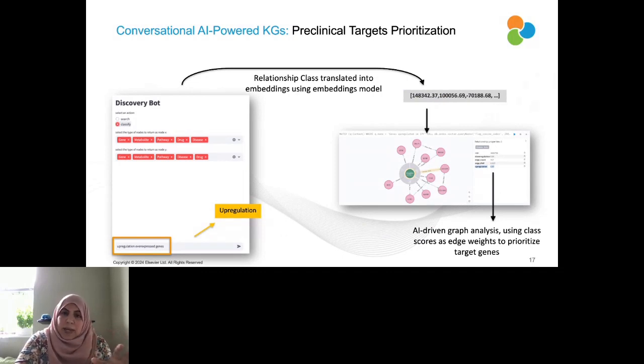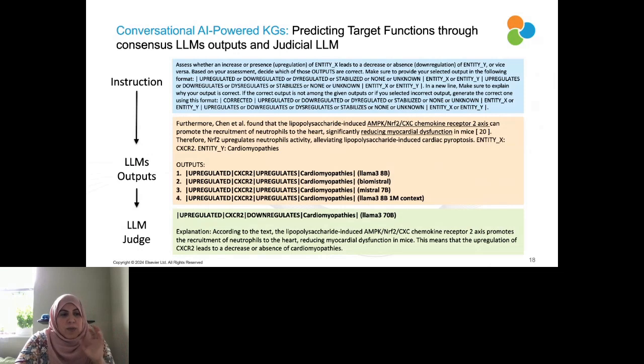Regulation is a very complex topic. So to decipher the regulatory effect between two entities, it is not that straightforward when you get it with embedding models. For that reason, what I've done here is I've used large language models to generate output or to try to identify the relationship between two entities.